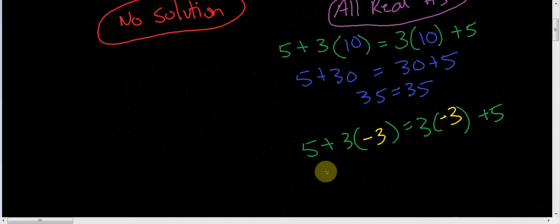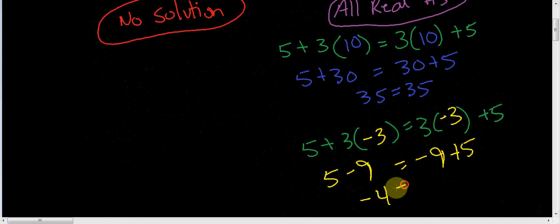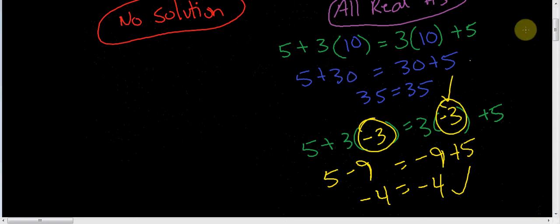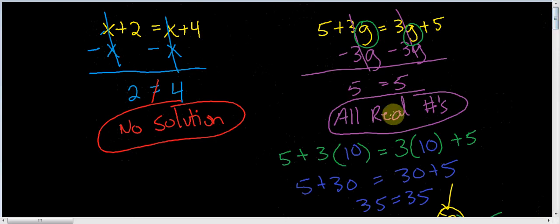So that gives us 5 minus 9, which equals -9 plus 5. And 5 minus 9 is -4, and -9 plus 5 is -4. That checks out also. So it doesn't matter what we plug in g spot here, it's going to be a true statement. So any real number works, and that's why back up here we said that all real numbers are the solution. There's not just one that works, any number works.